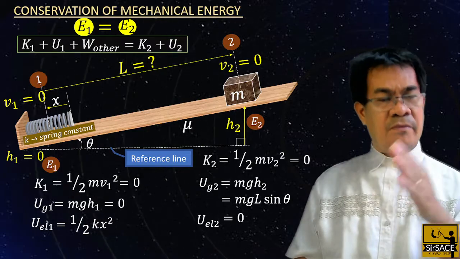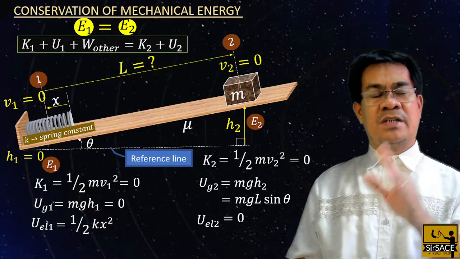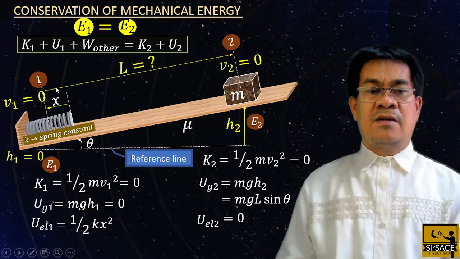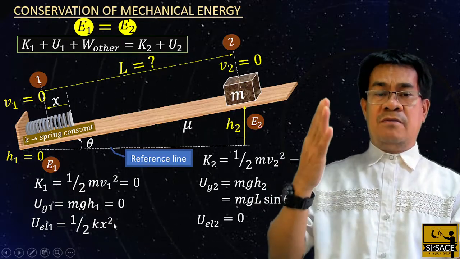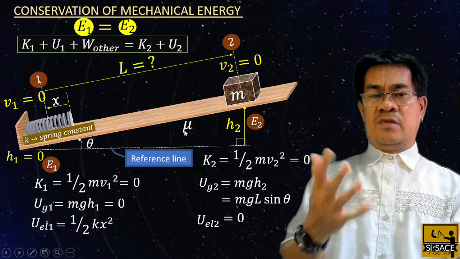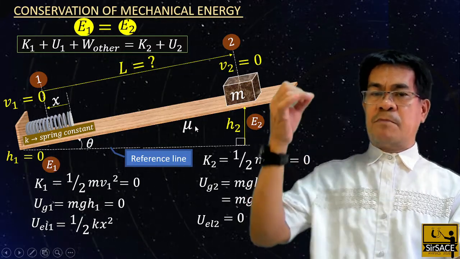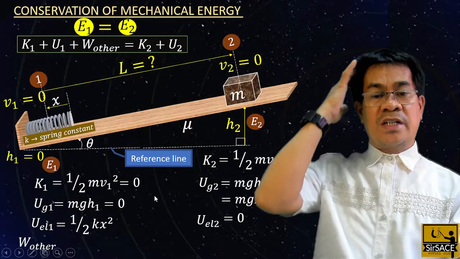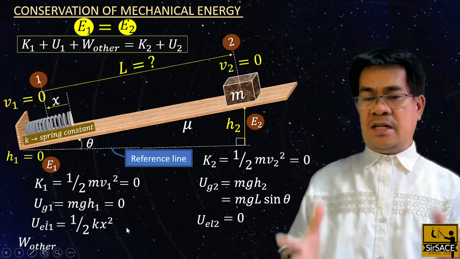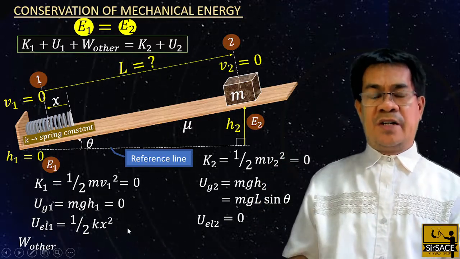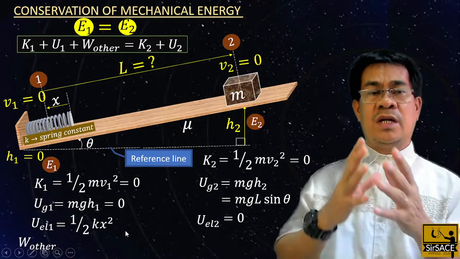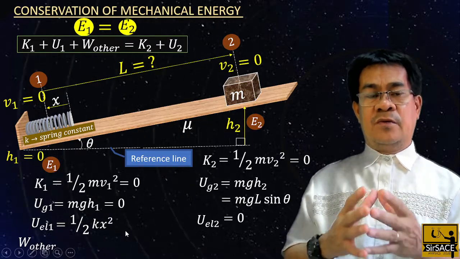And it provides the energy of the particle while traveling. Okay, so that's it. Now, remember that we have the coefficient of friction, but we did not apply a force. So we have work done by the other force, and this other force is friction. So we will calculate the work done by the friction.